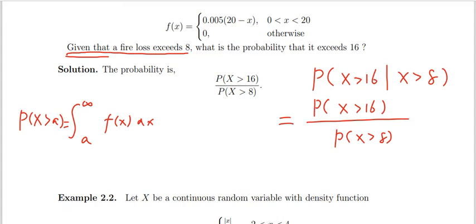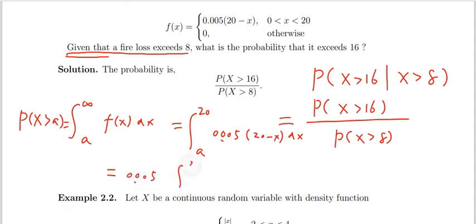So we just say this equals the integral from a to 20. Then this f(x) has a coefficient of 0.005 times (20 minus x) dx.